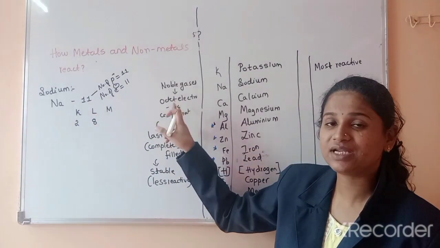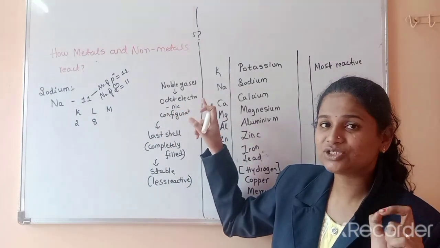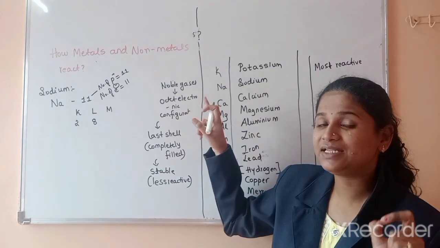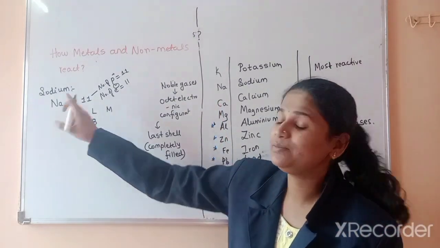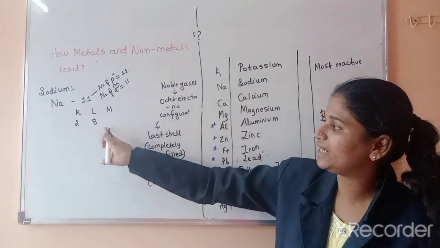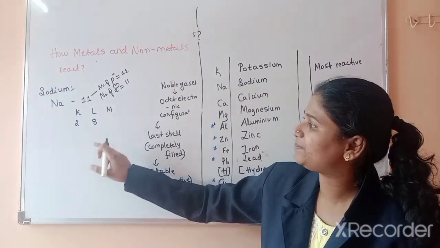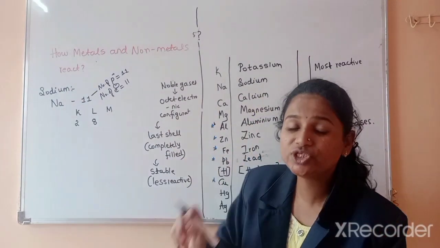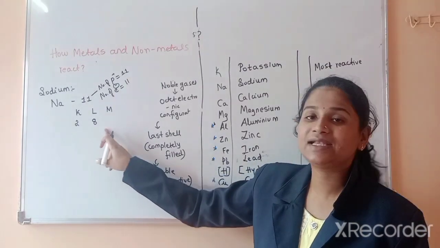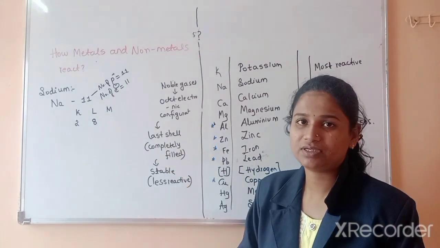That is nothing but octet electronic configuration. The last shell should have a maximum of 8 electrons, then the element will become stable. So when sodium loses 1 electron, it will attain octet electronic configuration.